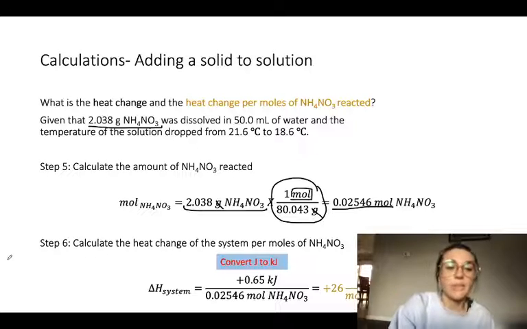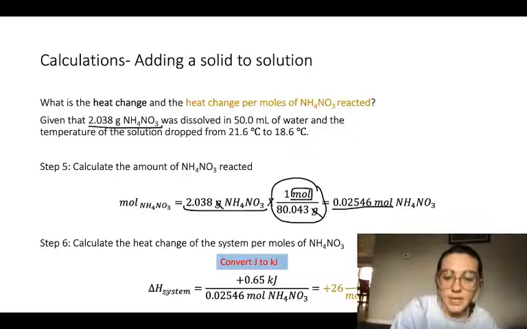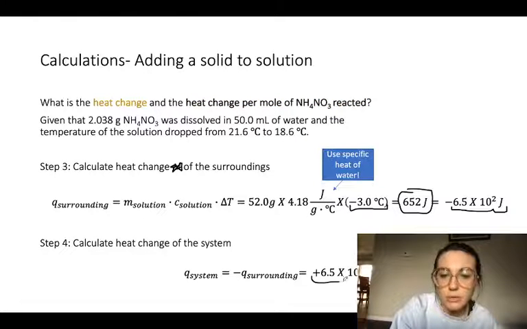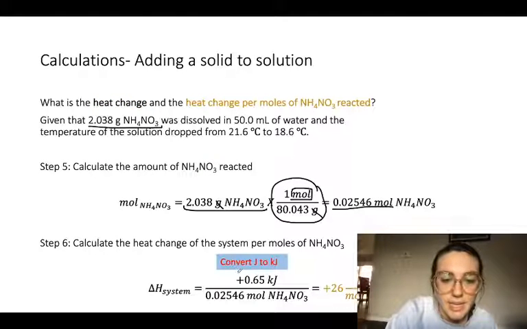The way I then convert that to change in heat of the system is I'm going to take my joules here. I'm going to convert that to kilojoules, which means I'm going to divide it by 1,000. So if I take this and I divide it by 1,000, I'm going to get kilojoules, which is good, which is what we get here.